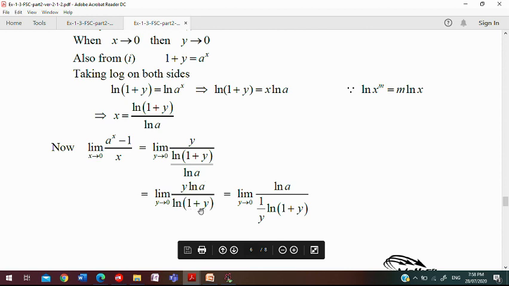Here you can see limit y approaches 0, y log a, and 1 by y times log(1 plus y). The y we bring to our denominator. So we get limit y approaches 0, log a divided by (1 by y) log(1 plus y).